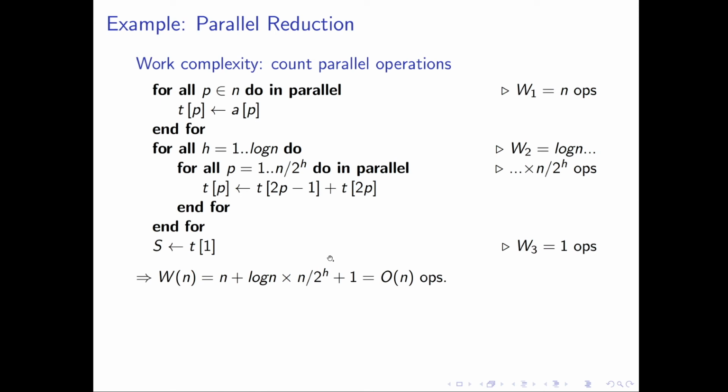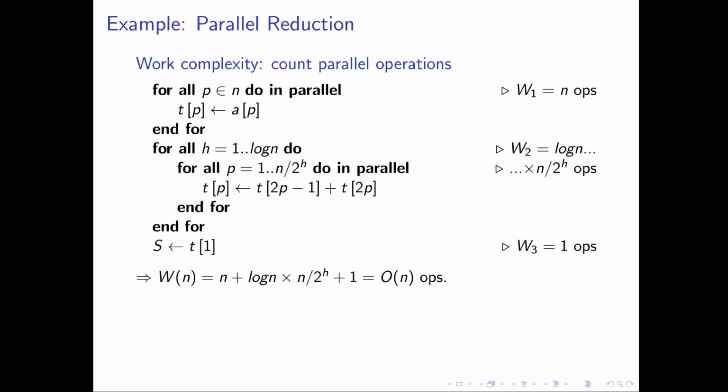It is a bit sloppy to write it this way, but effectively the logarithm and the halving of the operations per for loop execution basically cancel, so that together they just form n operations.